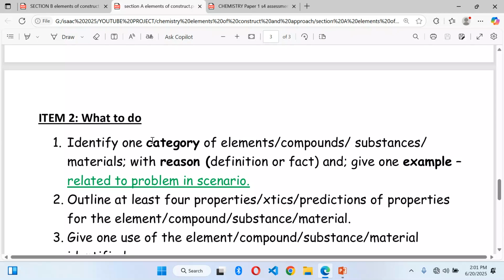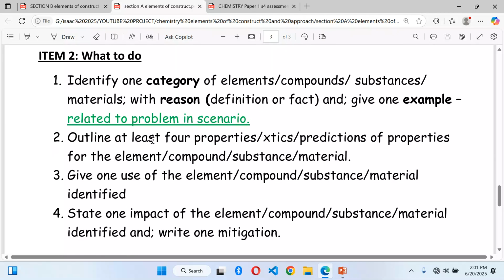So this is what to do. Number 1, we need to read the scenario, and then we identify one category of either element, compounds, substances, or materials with reason, and then we give one example. In simple terms, we summarize that as CRE.